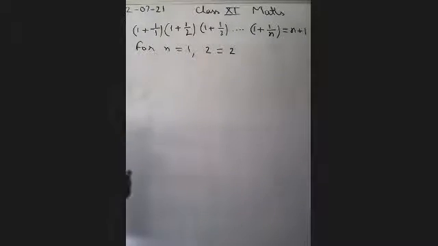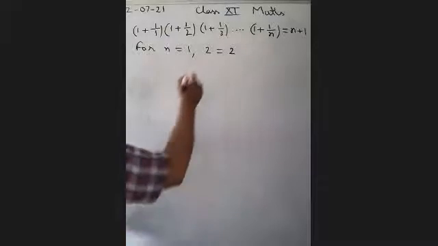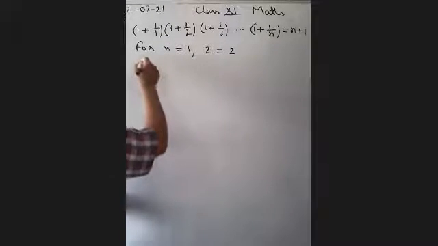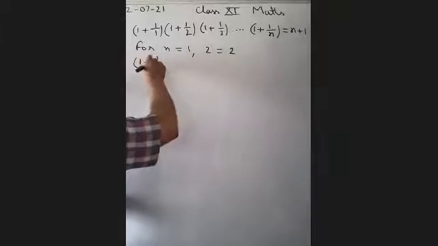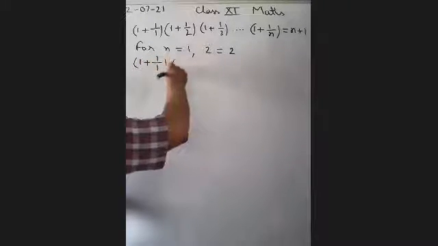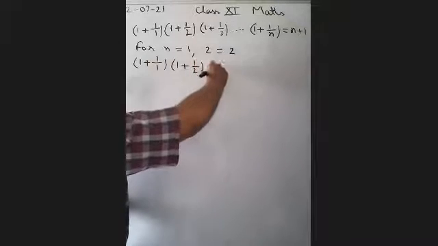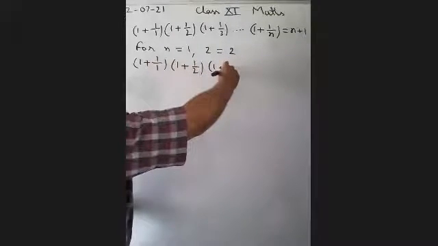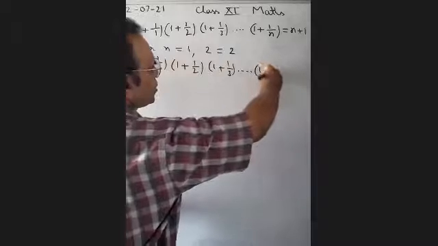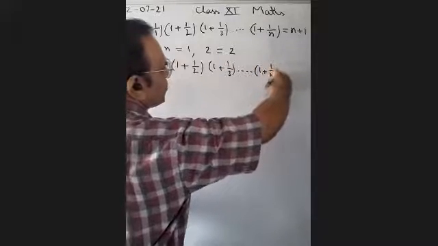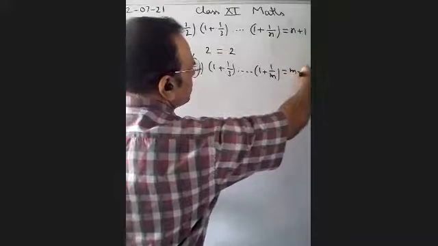So let us suppose it is true for n equal to m. If we are assuming that it is true for n equal to m, so we are writing here 1 plus 1 upon 2, 1 plus 1 upon 3, and so on, 1 plus 1 upon m equal to m plus 1.